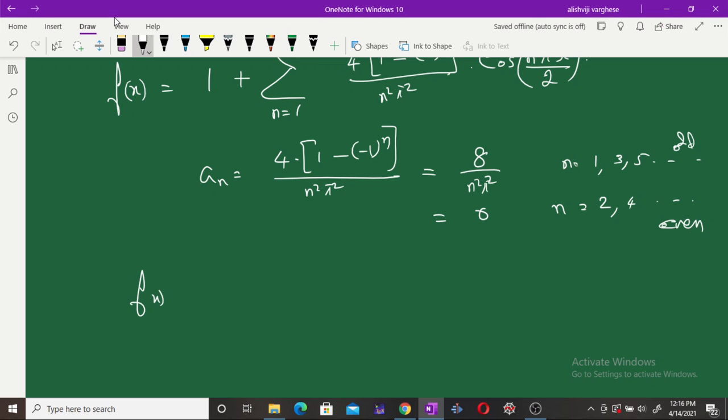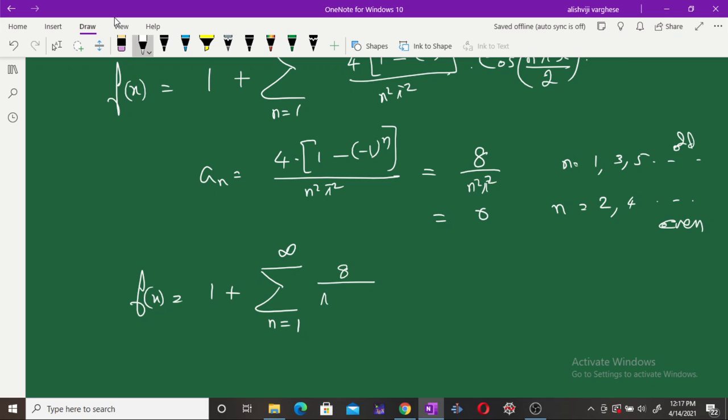So this f of x can be rewritten as 1 plus summation from n is equal to 1 to infinity. We just consider the even powered and odd powered terms, and therefore the odd powered terms can be written as, for odd powered terms, the numerator is 8, the denominator is n square pi square.